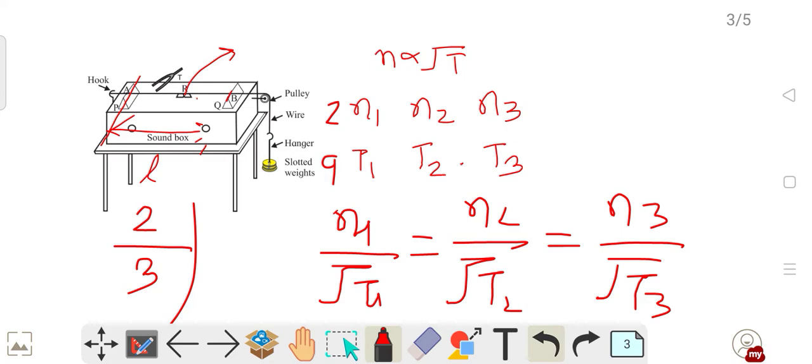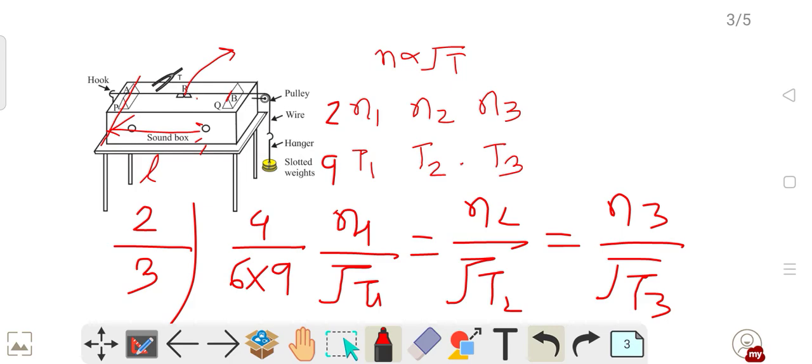Similarly, what could N2 and T2 be? N2 and T2 were coming in such a way that on simplification, it was also coming as 2 upon 3. It might be that N2 and T2 were something like 4 upon 54.